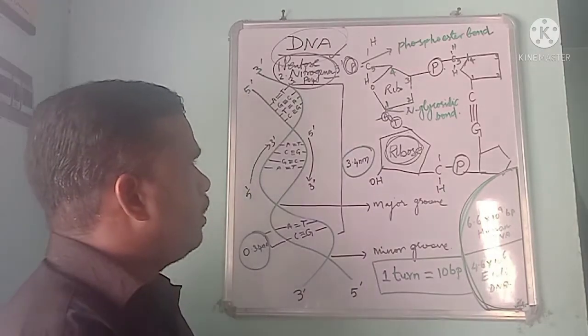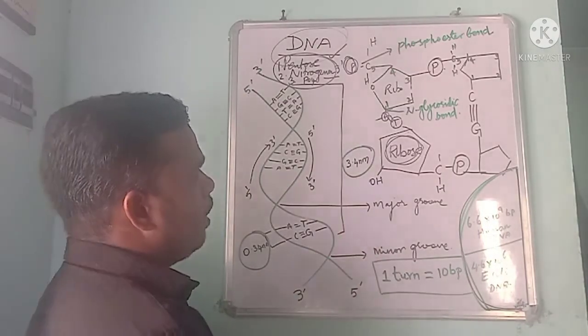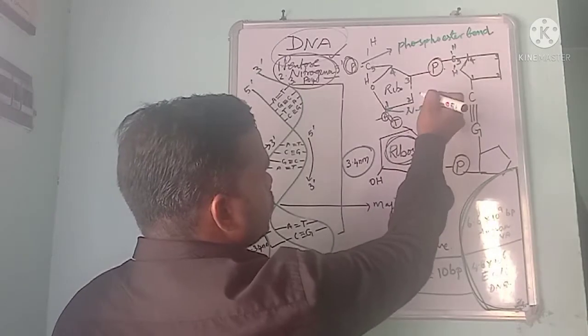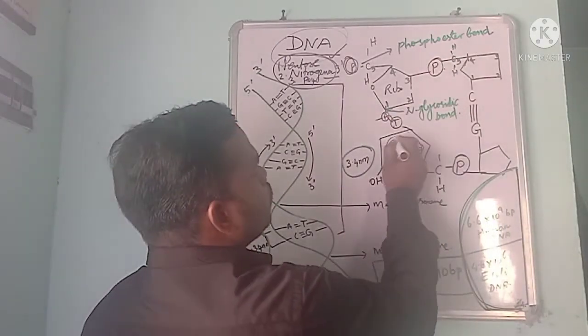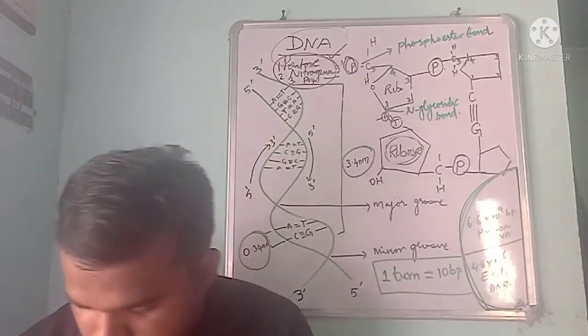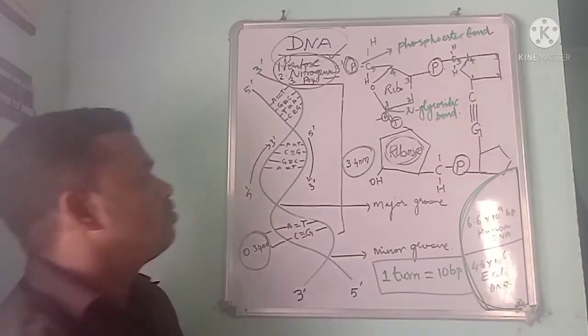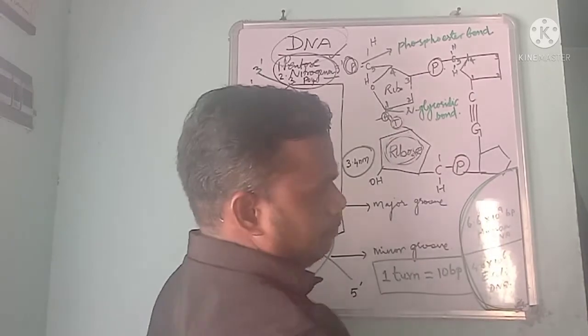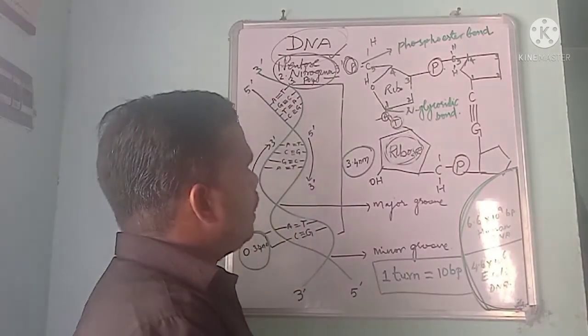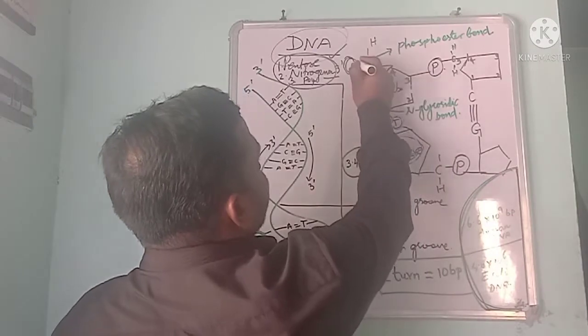Let's move on to the structures. What is a nucleotide? The nucleotide has a ribose sugar, and attached to the ribose sugar is the nitrogen base, and then the phosphate group.